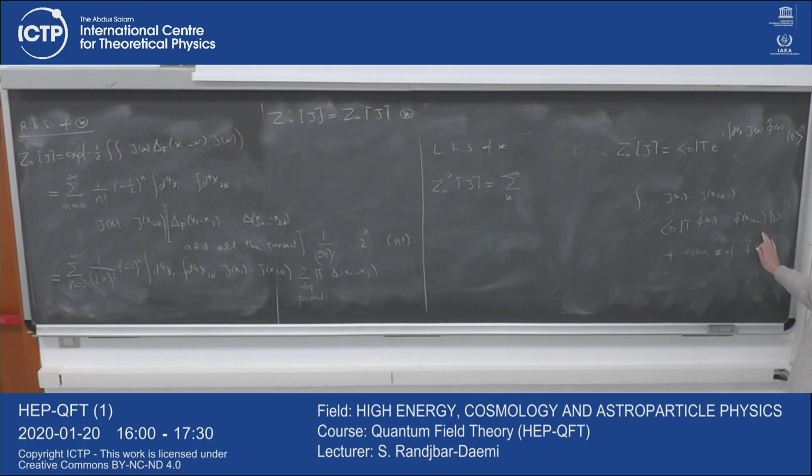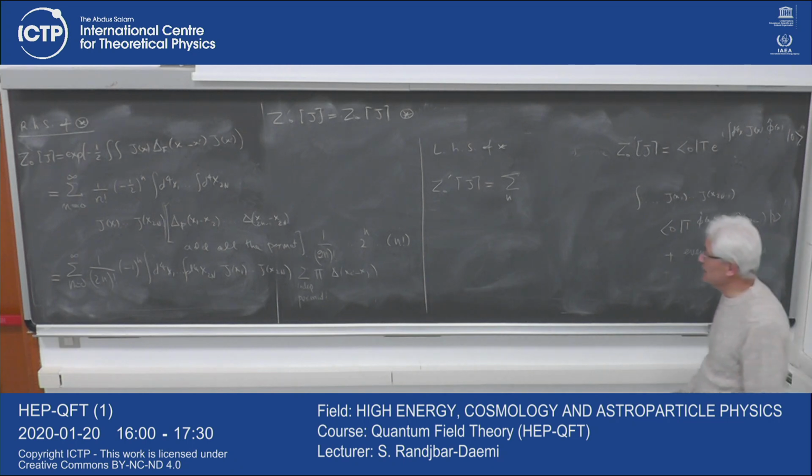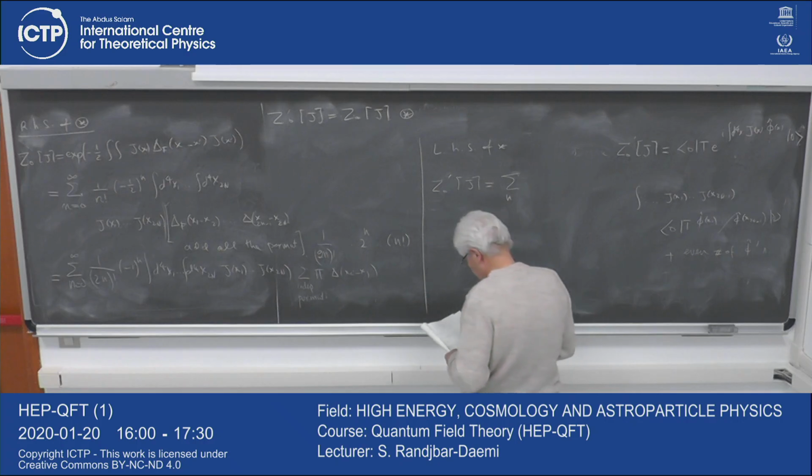This is of course 0. You see why? For example, if you write in terms of creation or annihilation operators, it's obviously 0, but you don't need to do that. It's 0 because of the symmetry phi to minus phi, for example. So it goes away, therefore the only thing which survives is the terms with an even number of phi's. So that's the only ones that we have to consider.